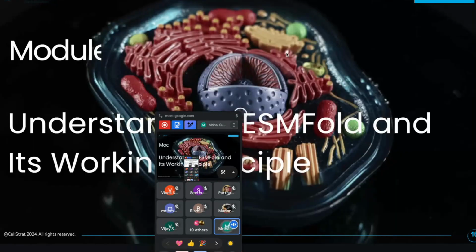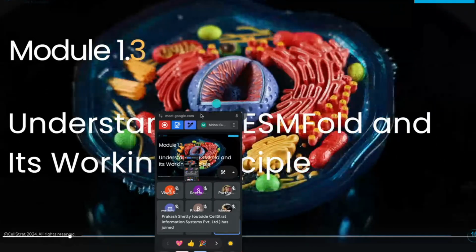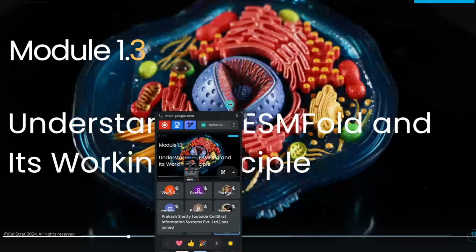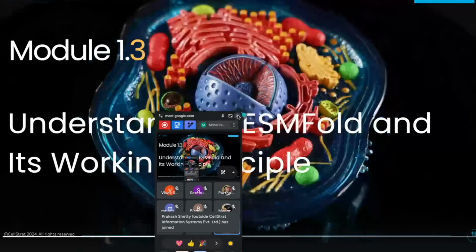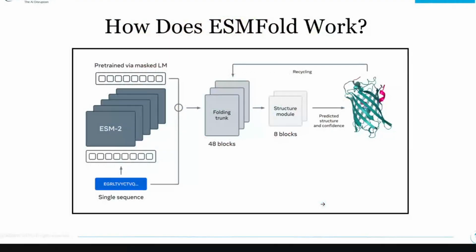Okay. So now we will get into the ESMFold and its working principle. This is the bread and butter of today's webinar, where we are diving deep into ESMFold. ESMFold demonstrates the architecture where we could utilize it for protein structure prediction.